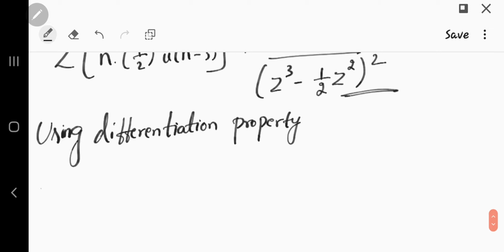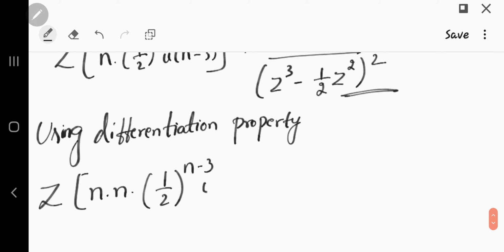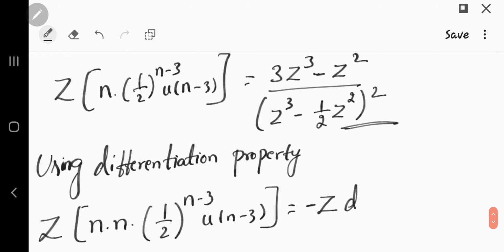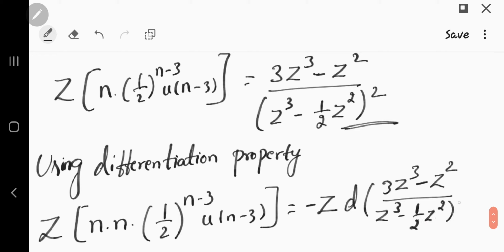Now the z transform of n into 1 by 2 to the power of n minus 3 u of n minus 3, that should be minus z differentiation of 3z cube minus z square divided by z cube minus 1 by 2 z square whole square.